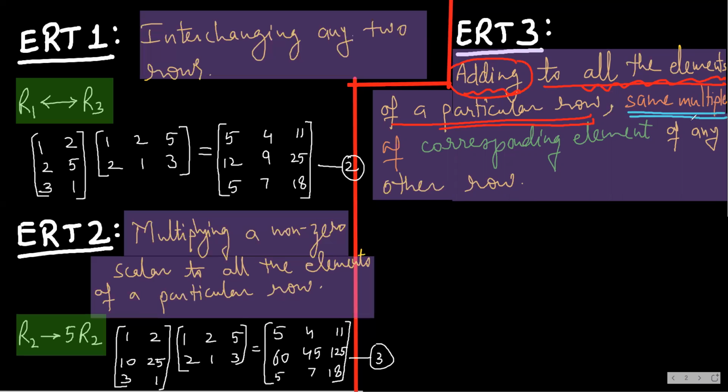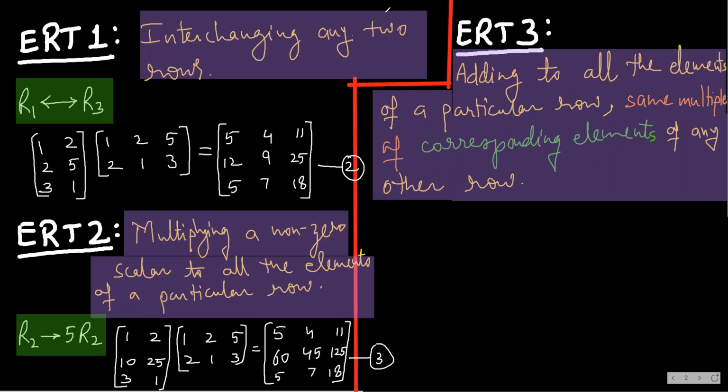Same multiple means some multiple which is going to be same, of corresponding elements of any other row. Okay. So now I will give you the example for this, and that example will make it more clear.